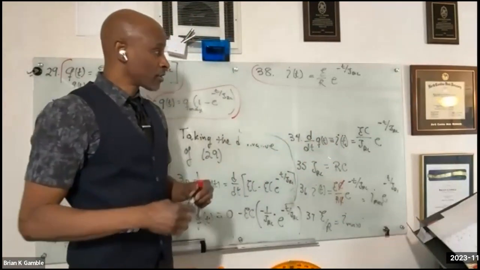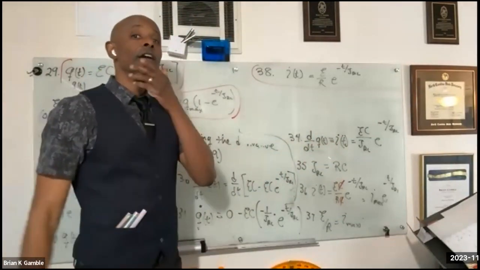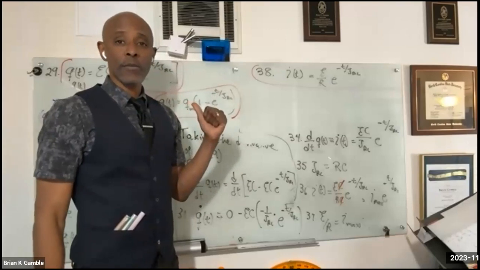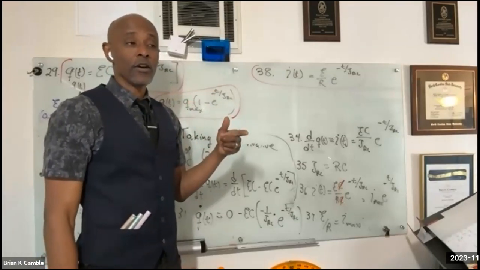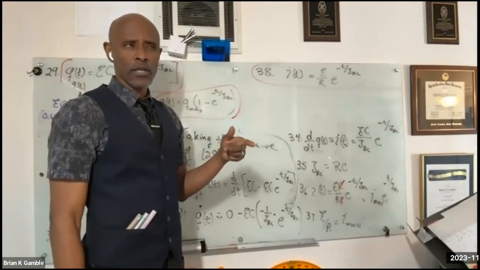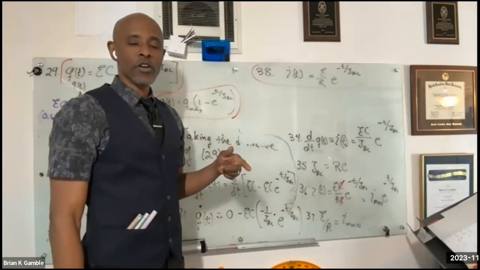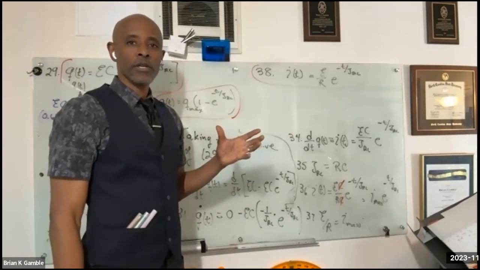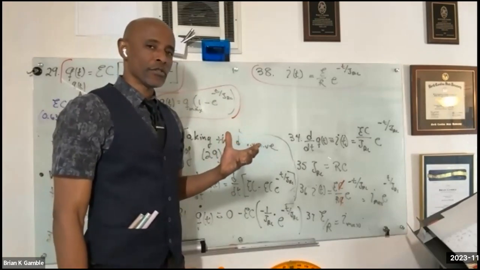And it's really interesting. It's all set up that way because of way back when we saw that time constant equals R times C. That's what determined it. It just works out that way with these differential equations.